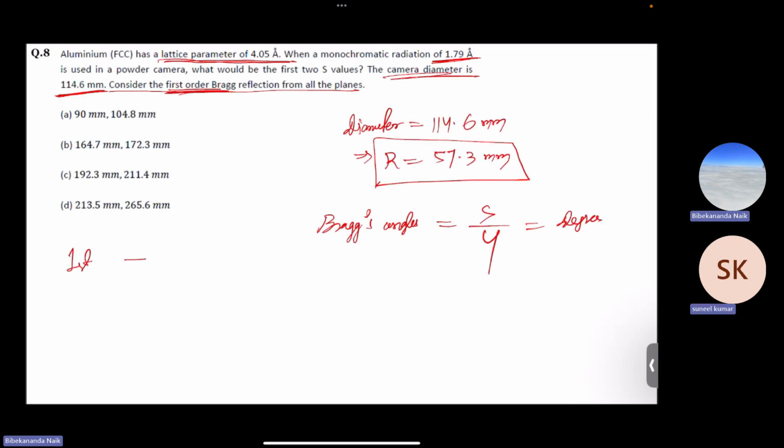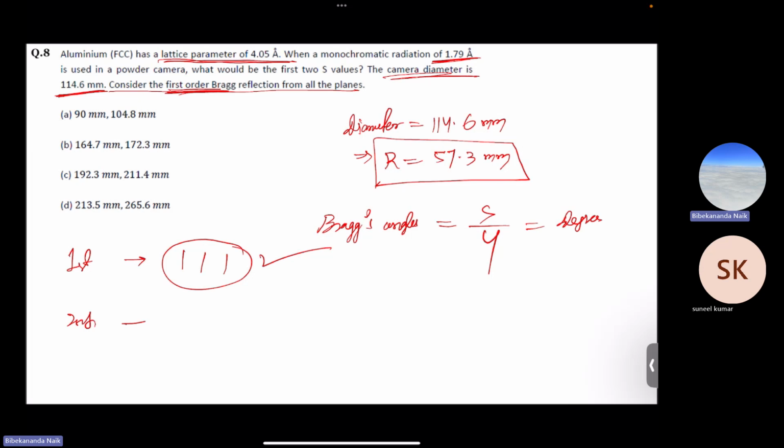Yes, 111. So the first one will correspond to 1 1 1. In 1, 1, 1, all are odd, so it will give you one peak. Then the second one, yes.